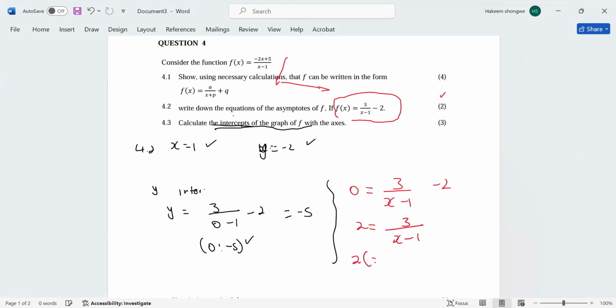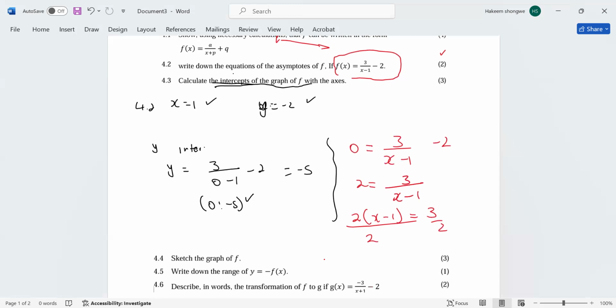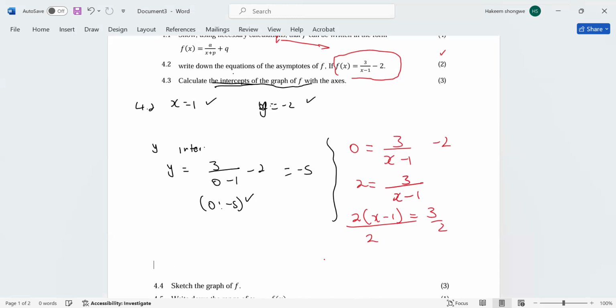And then we have 2 multiplied by x minus 1, which is going to be 3. Now we have 2 options, multiplication or division, and they're opposite of each other. So we divide.